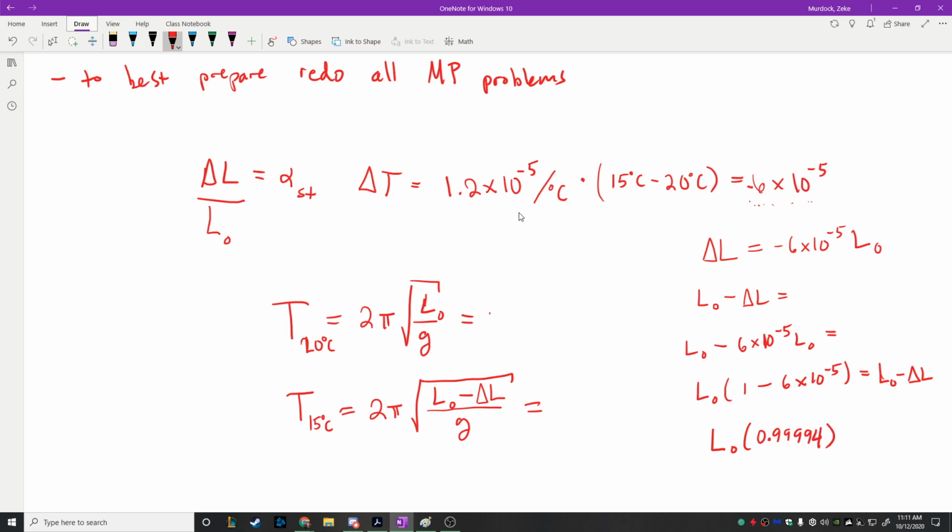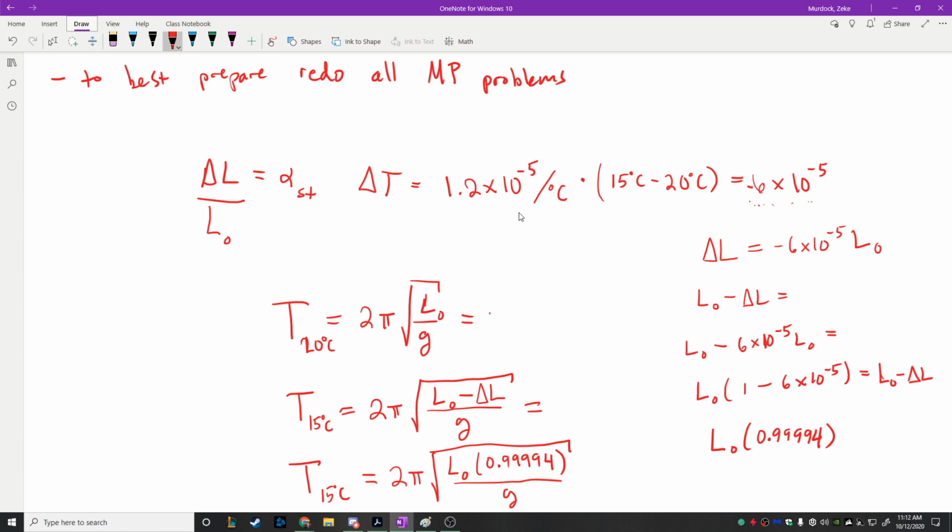So then the period at 15 degrees Celsius, the period is the time that it takes for it to tick once, is going to be the square root of L naught. So now we know the period is shorter, right? Everybody agree with that?